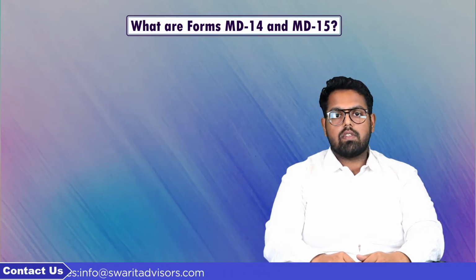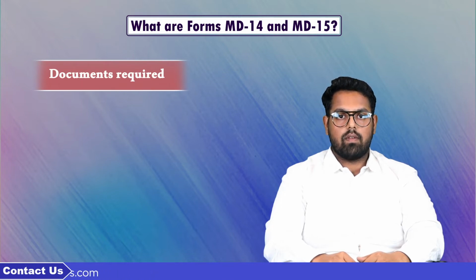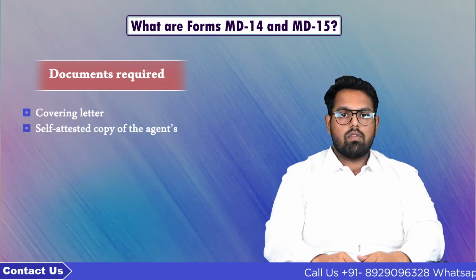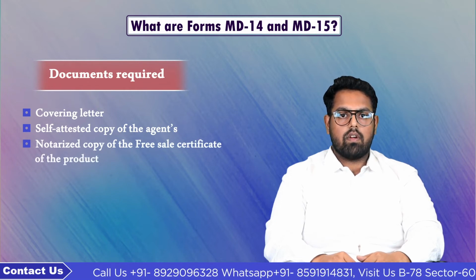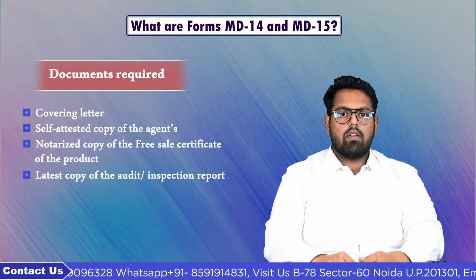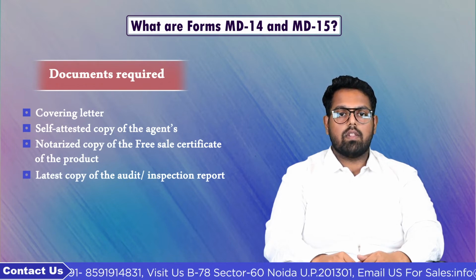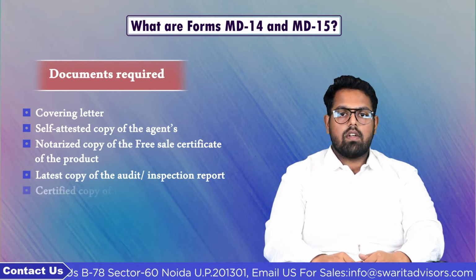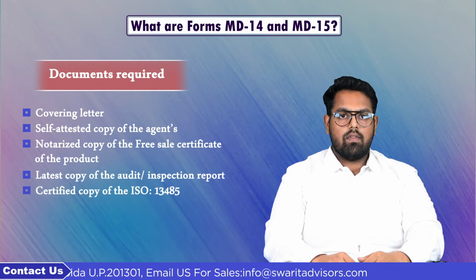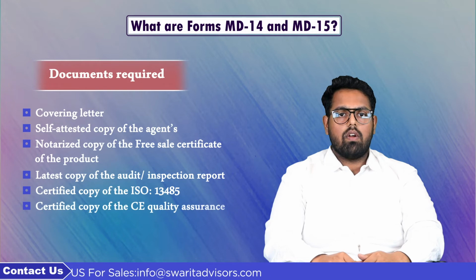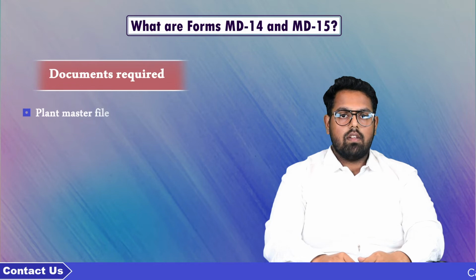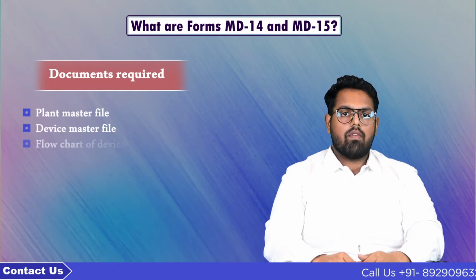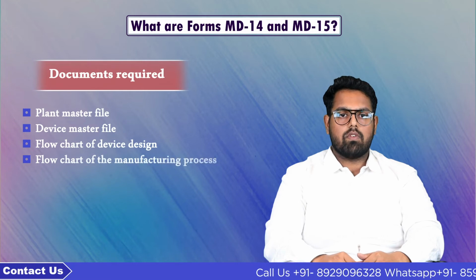Let's have a look at the documents required to obtain license in Form MD-14. The applicant must have a covering letter, a self-attested copy of the agent's wholesale or manufacturing license, a notarized copy of pre-sale certificate of the product, the latest copy of audit or inspection report that has been carried out within the past 3 years, a certified copy of ISO 13485, a certified copy of CA quality assurance, a copy of CE design certificate, the plant master file, the device master file, a flowchart of device design, and a flowchart of manufacturing process.